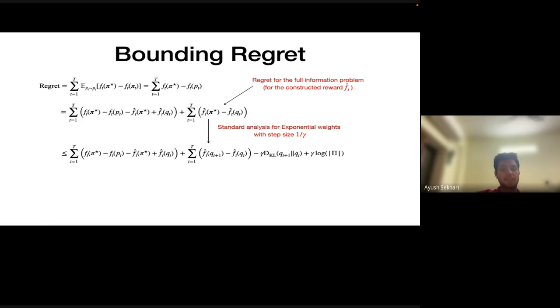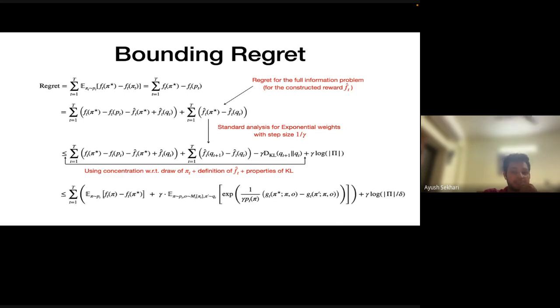But okay, now we have a lot of terms. Using some standard concentration, using the fact that we are drawing policies according to P_t, and the definition of F_t, using a variational form of KL and so on, you can show that this is upper bounded by the following expression.